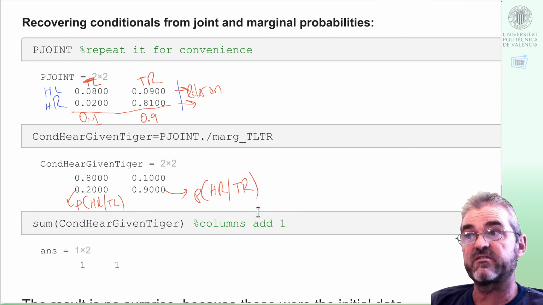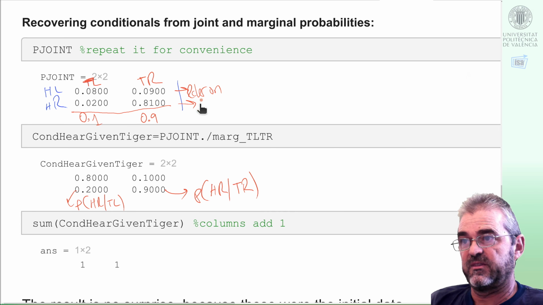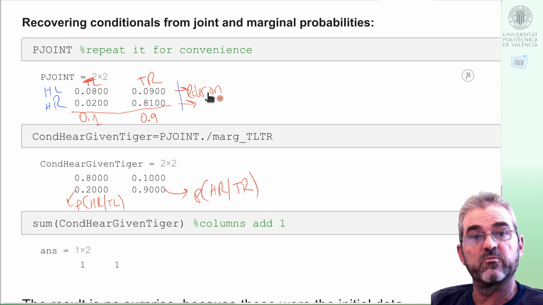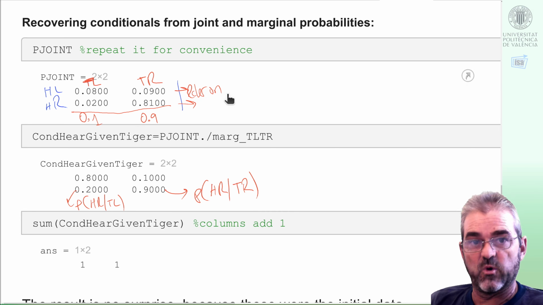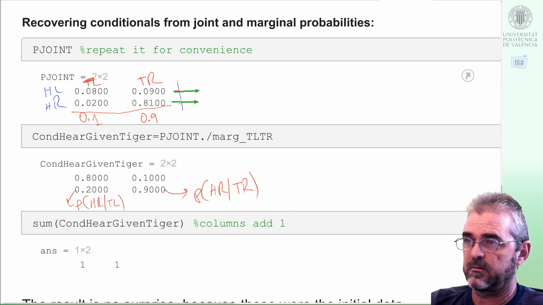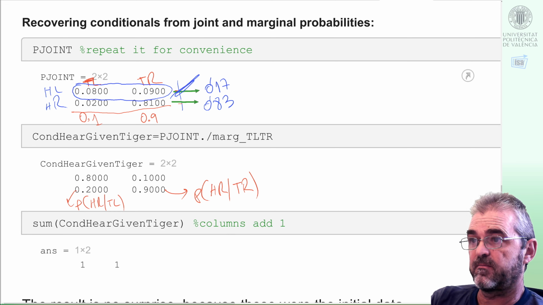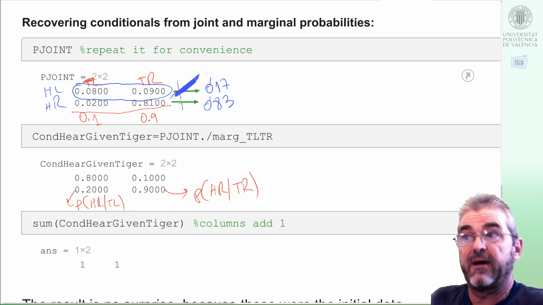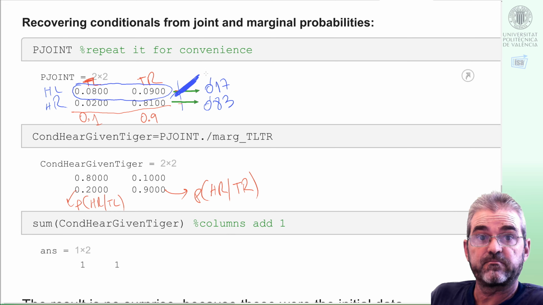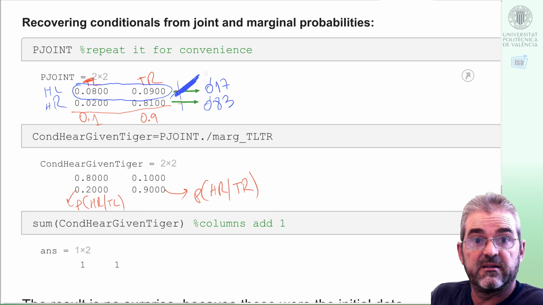But as we have a second marginal, this one we were saying we will discuss later on, now it's the moment. If we have a second marginal, then what would dividing this row by the sum of the row be? Well, mathematically it would be exactly the same thing we have done with the columns.